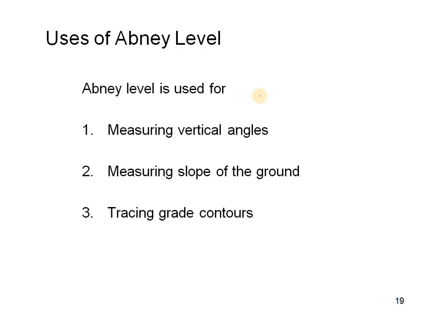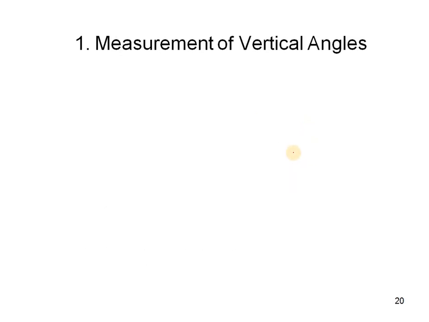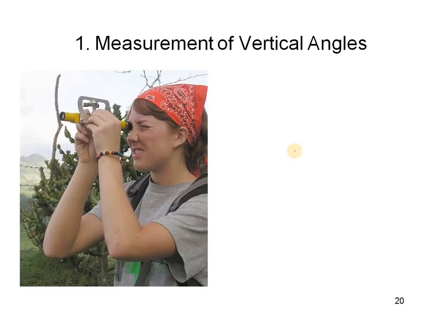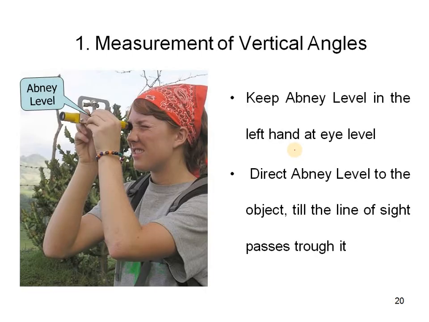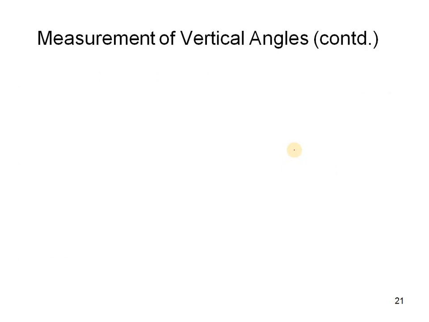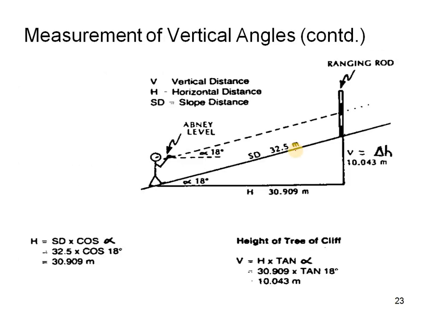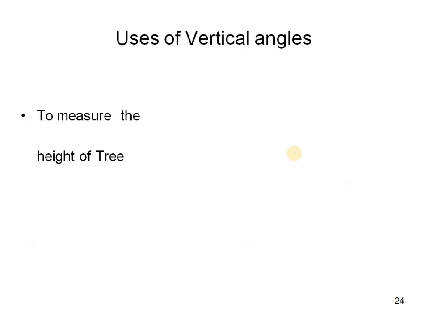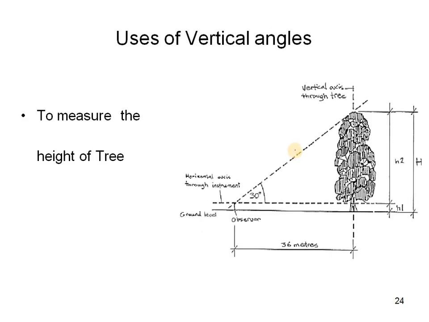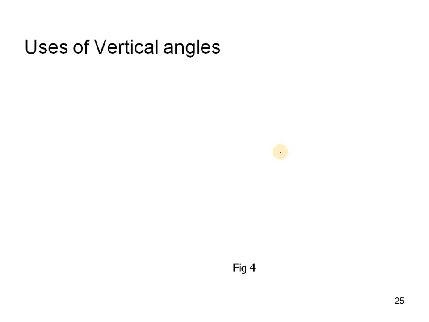It is useful for vertical angles, slope of the ground, tracing grade contours, taking cross sections. In this way we have to use the Abney level for measurements. This is very commonly used in practical work also, for trees, for buildings, for towers.